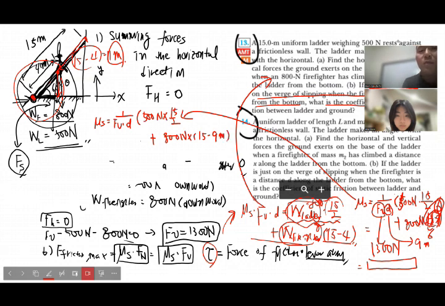This is for B. In case A, the D was 4 meter, but now it changed to 9 meter. So this one is 1300 Newton. Right, so that should be 6 meter.